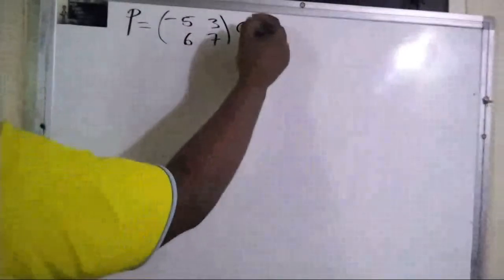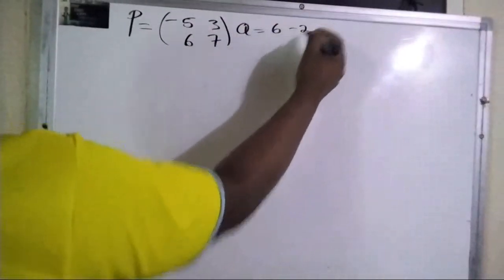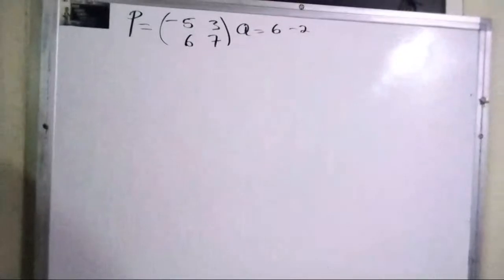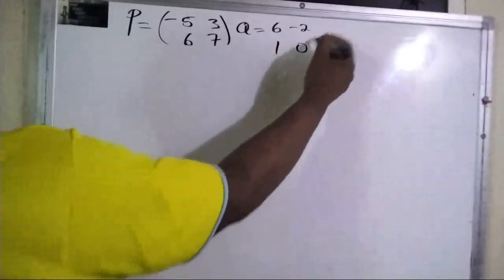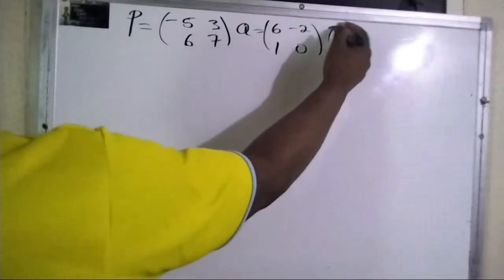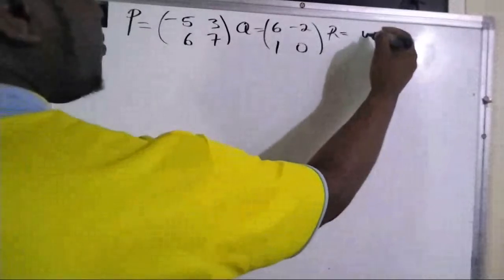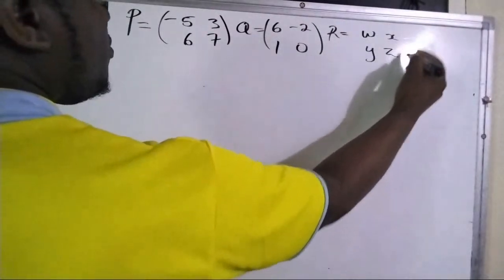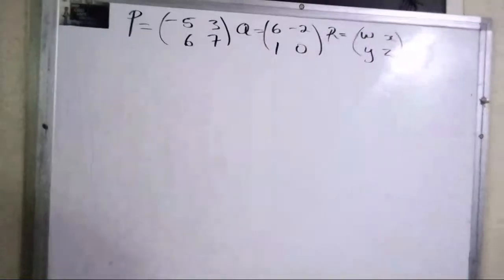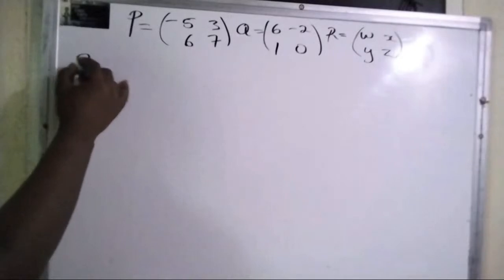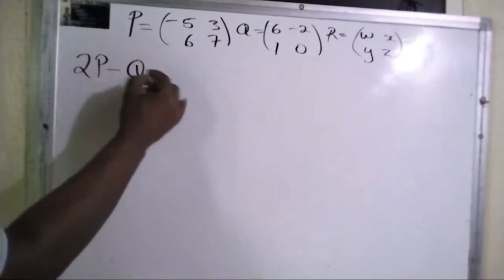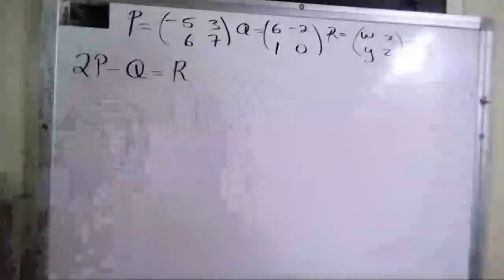Q equals 6, negative 2, 1, 0, and R is equal to double XYZ. And what they say for the rule, it says 2P minus Q is equal to R. So try this one, guys.